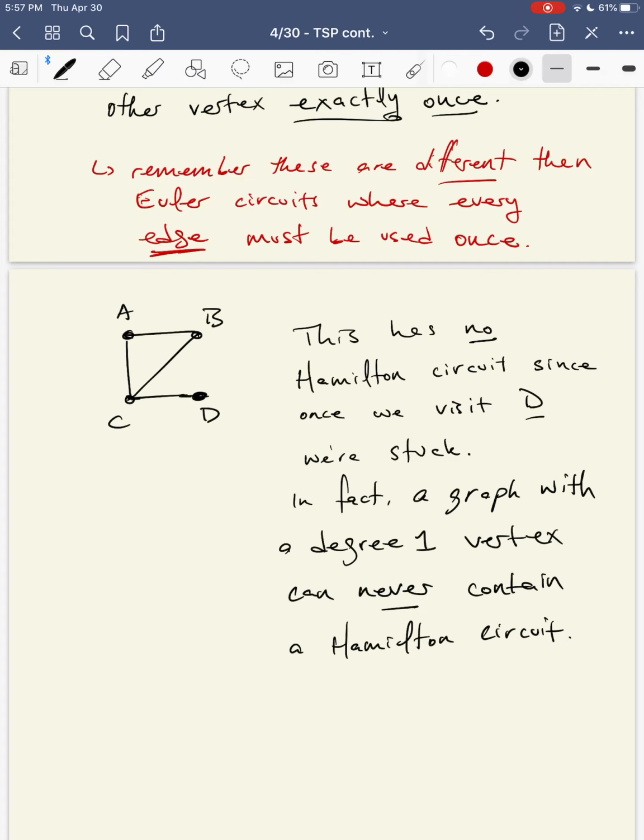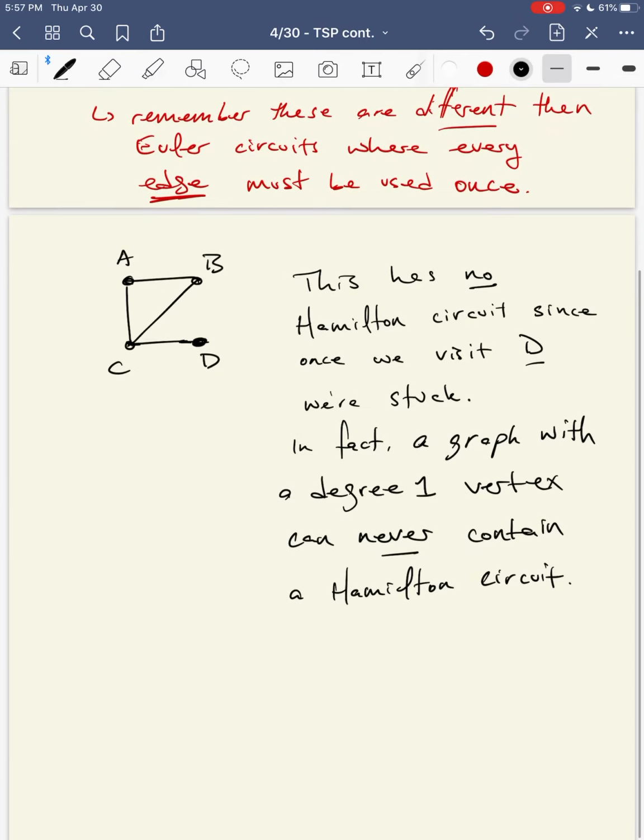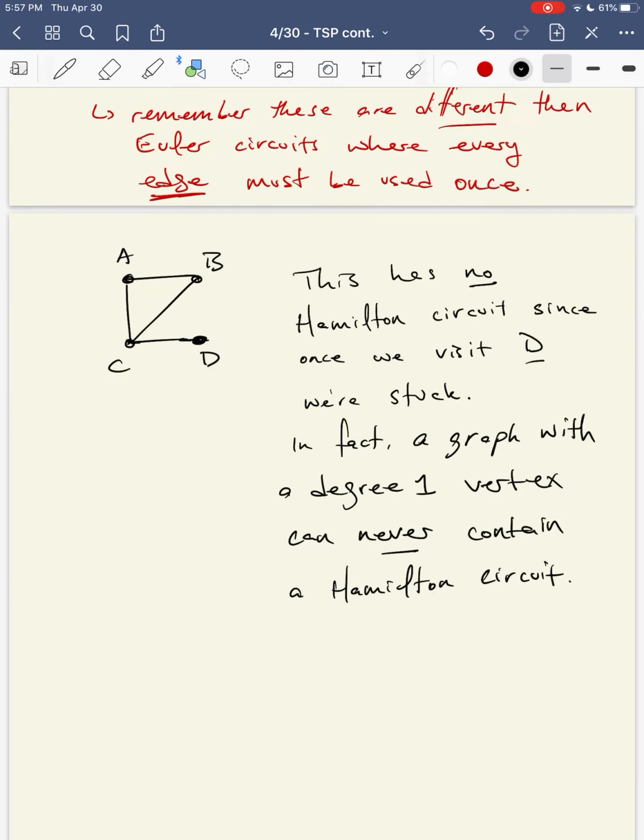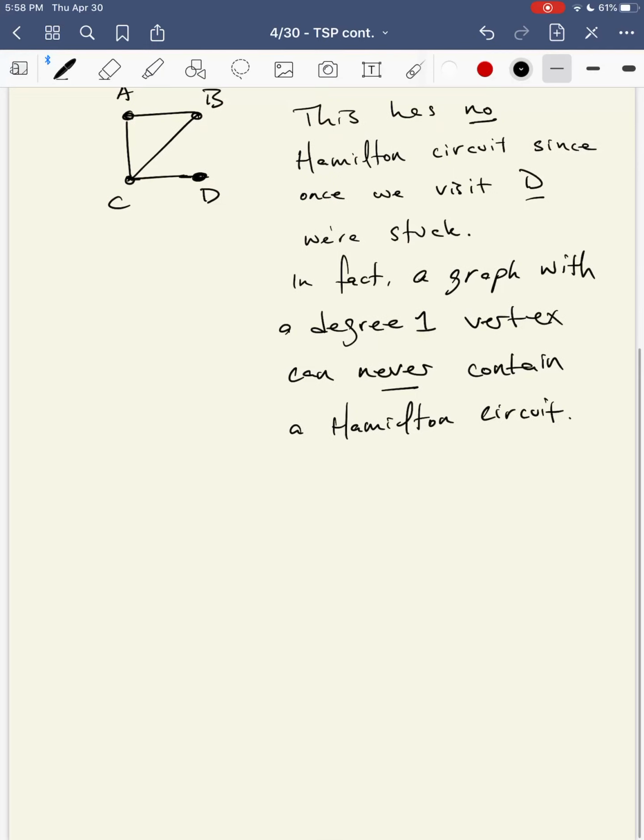Okay. So that one can't contain a Hamilton circuit, and it also doesn't have an Euler circuit, because remember, we needed every vertex to have even degree in order to contain an Euler circuit. So D, again, we get stuck. We can't get back to it without using this edge twice, and we can't get back to it either without using this vertex twice. Okay.